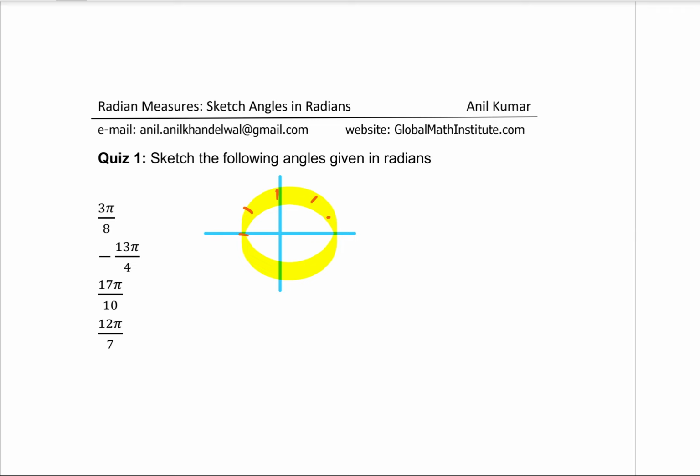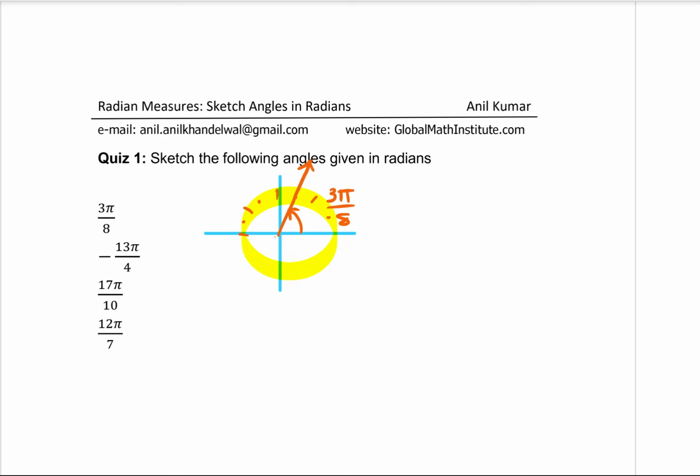So if I do half of these, I get 8 parts, correct? So 3 pi by 8 means 1 pi by 8, 2 pi by 8, and 3 pi by 8. So this angle here is 3 pi by 8. Is that clear to you?